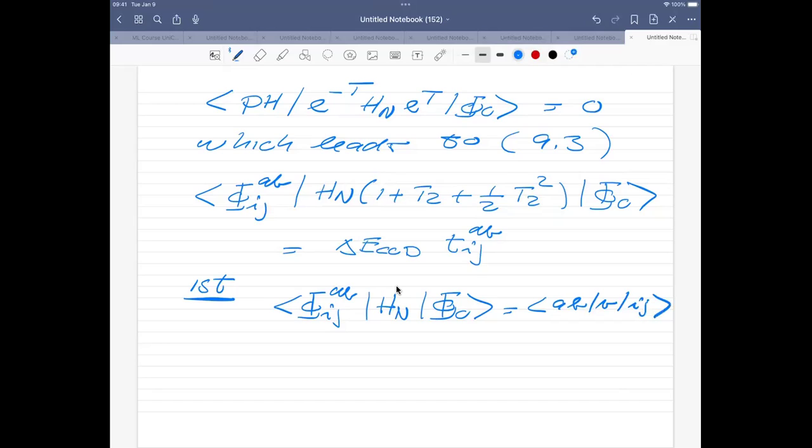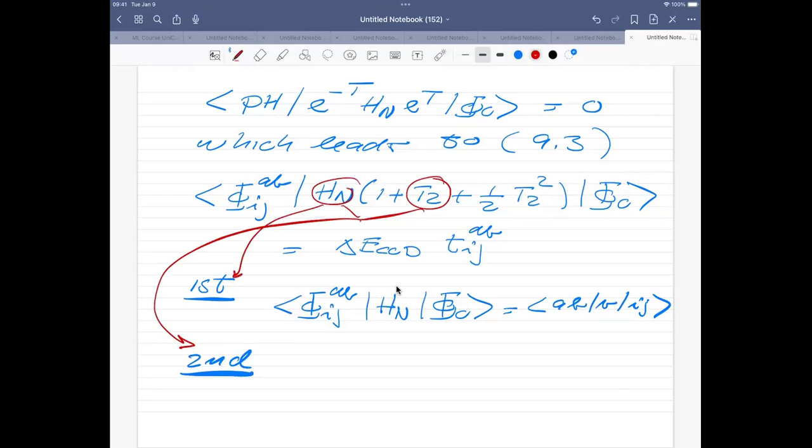Now, the second term contains the possibility to excite a two-particle two-hole state. The first term is nothing but this one, and the third term is going to be H_N multiplied with 1/2 T2 squared.